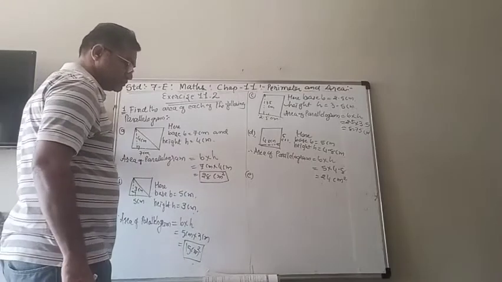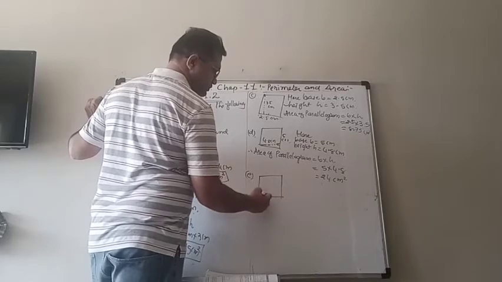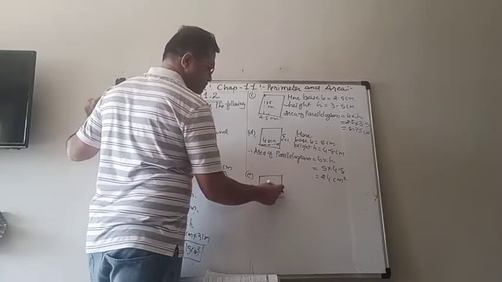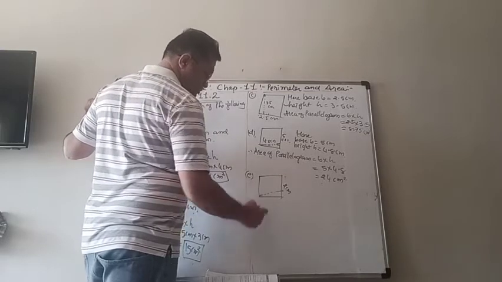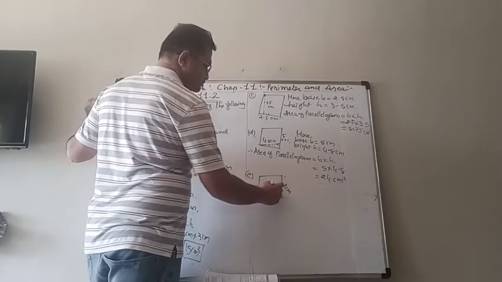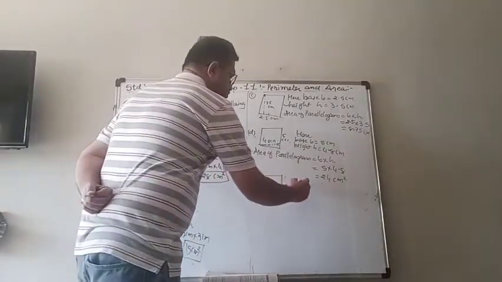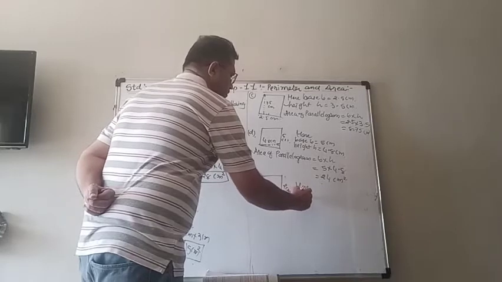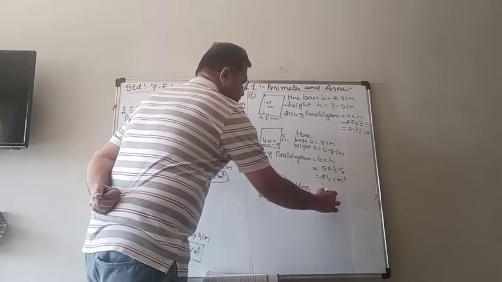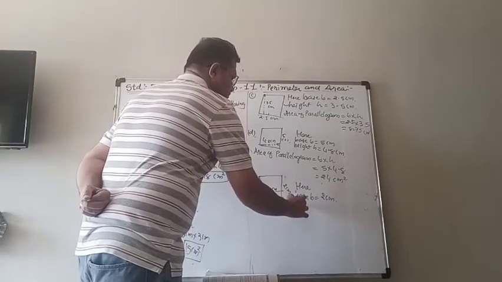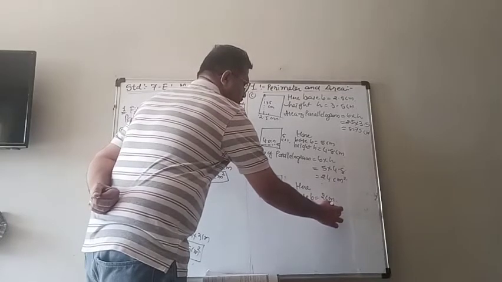The last one also has the same type of situation. Here also the base is at the side, which is 2 centimeter, and the height is 4.4 centimeter. So here base B is 2 centimeter and the height H is 4.4 centimeter.